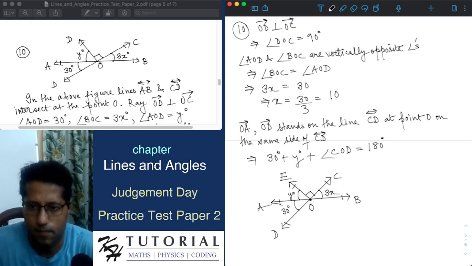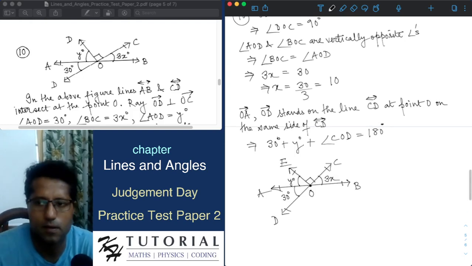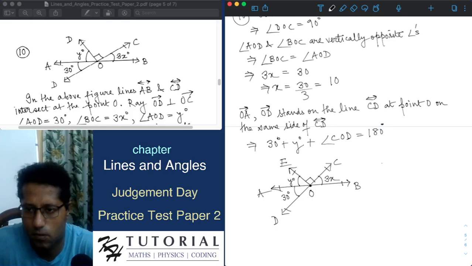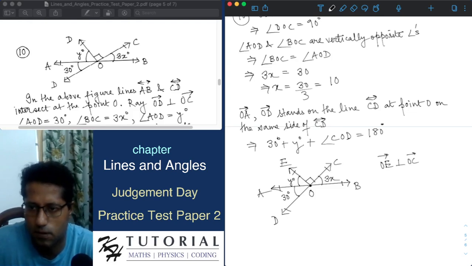So in this figure, this should be the correct figure, and it is given that OE is perpendicular to OC. So this implies that angle EOC is equal to 90 degree. Fine.